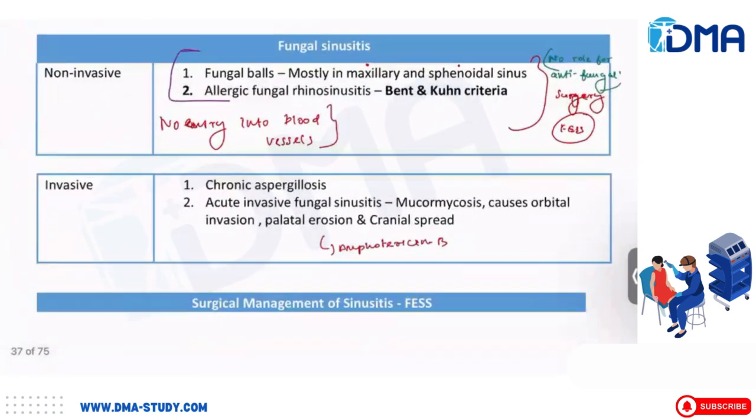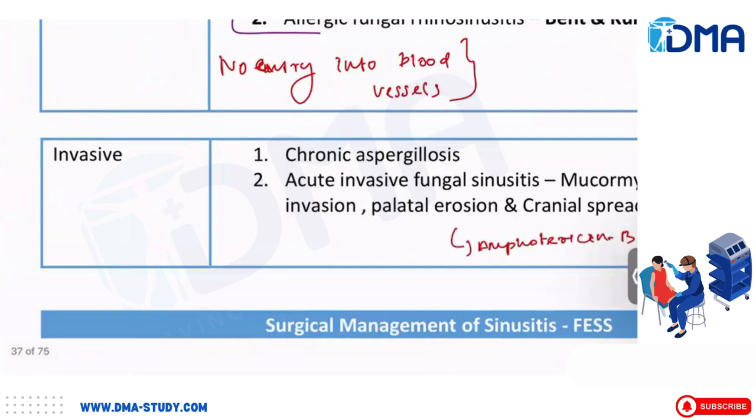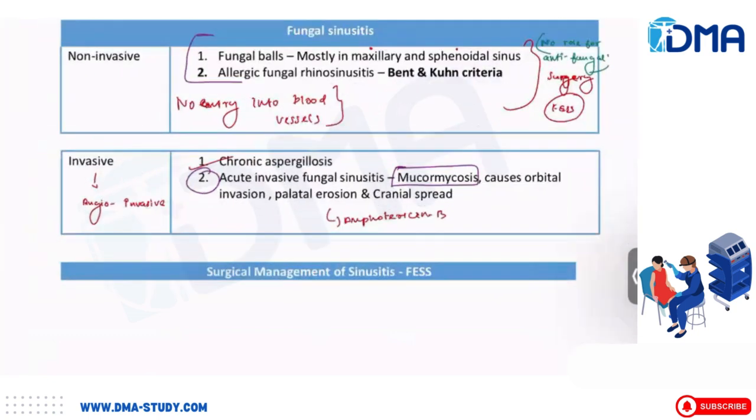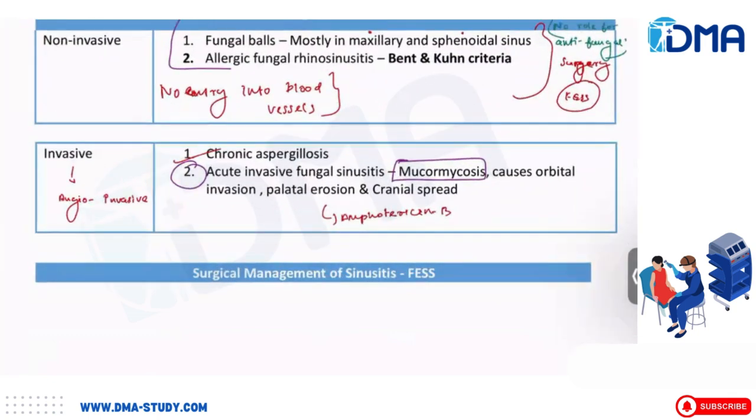Okay, fine. Now look at this. These are invading the blood vessels, angio-invasive. Here, two types are there. Chronic aspergillosis. The most important one is acute invasive fungal sinusitis called mucormycosis. Very, very, very important. See here, what is happening? There will be spores present in the nasal cavity or nasopharynx.